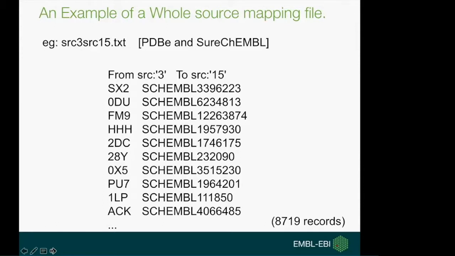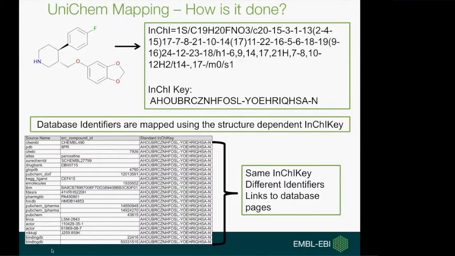Okay, so hi everybody. I'm going to go through some examples of how we're actually doing the mapping in UniChem, and then some examples of the sorts of things that I think you can do with the data in the database. So the question you might ask is, how are we mapping all these compounds together?